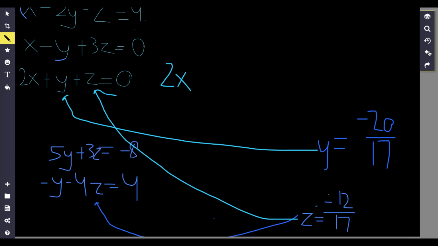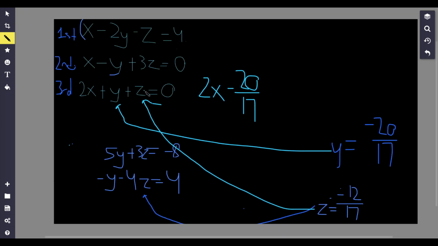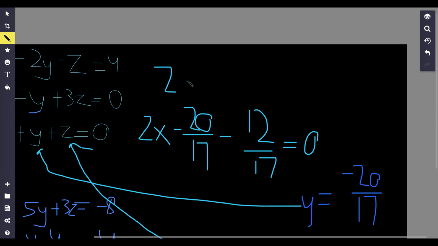We know that 2x plus y, that's 2x plus negative 20 over 17 plus z, so plus negative 12 over 17 equals 0. If we simplify these two values, we get 2x minus 32 over 17 equals 0, right?